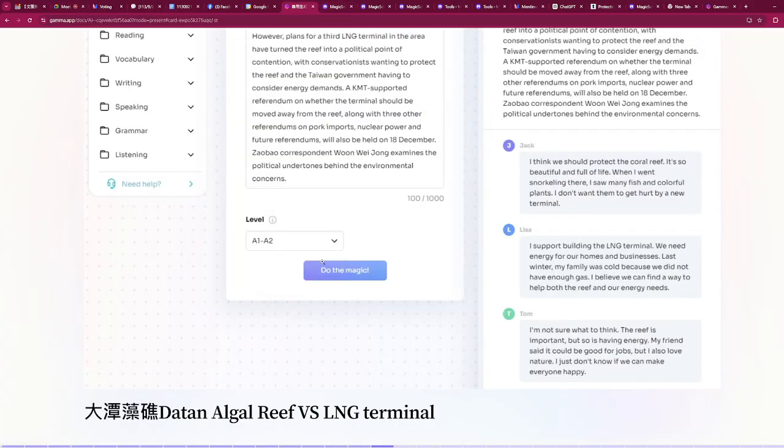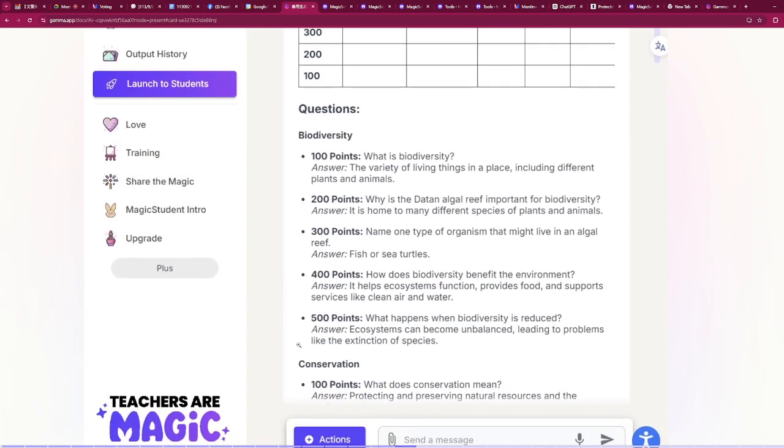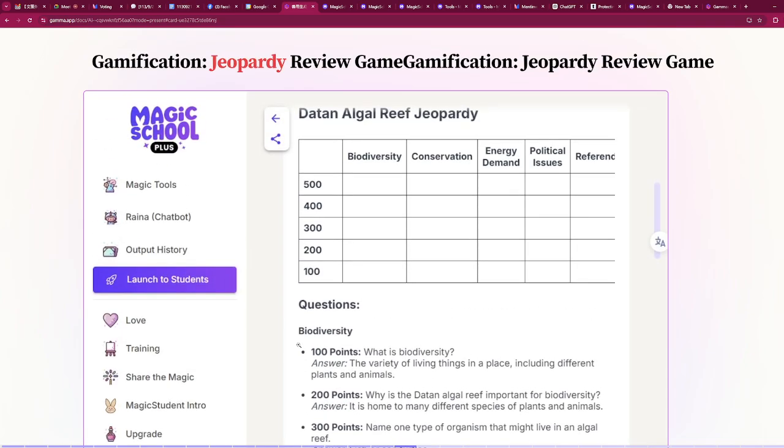So this is my suggestion: if it's an issue, don't just show them a video, but if you have a dialogue type of presentation in your class, then it will be very helpful for students to get to know the issue better in a simpler form. You could also use the dialogue in a video tool to help you create a video for that dialogue. That's also very fast.